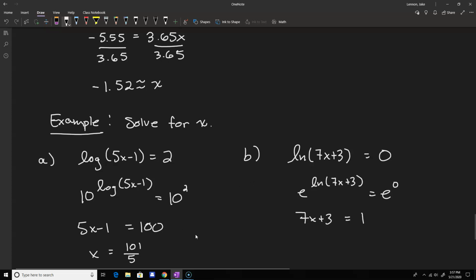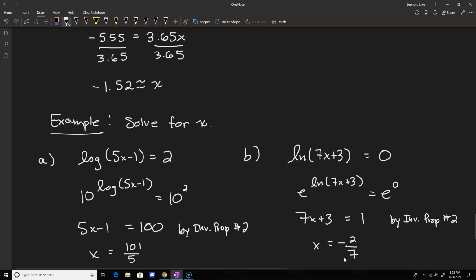We could say that this is by inverse property number 2 in both problems. And then solving this one, we end up with x equals negative 2 over 7. So if you have what's known as a logarithmic equation, you're going to have to use the second inverse property.